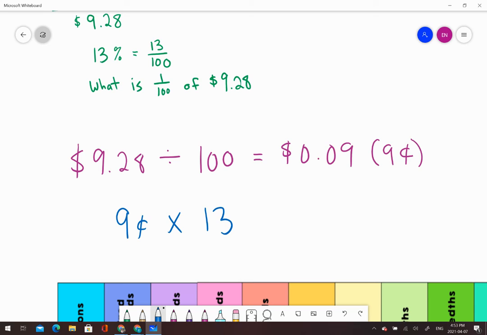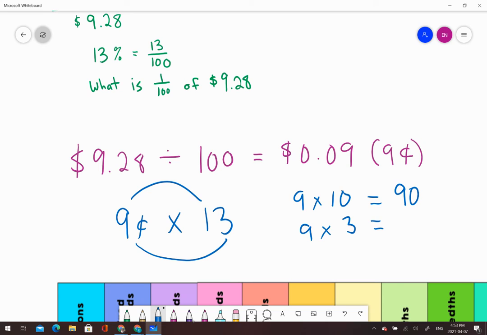I could use repeat addition. Multiplication is going to be a bit quicker. And I'm going to break this down into 2 parts. So I'm going to think about 9 times 10, and I'm going to think about 9 times 3. Those are more manageable, and I can add those together. So 9 times 10 is 90, and 9 times 3 is 27.